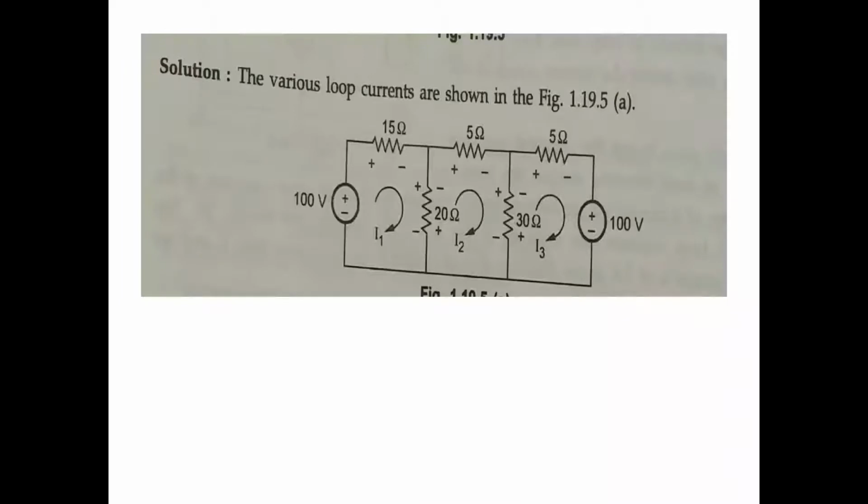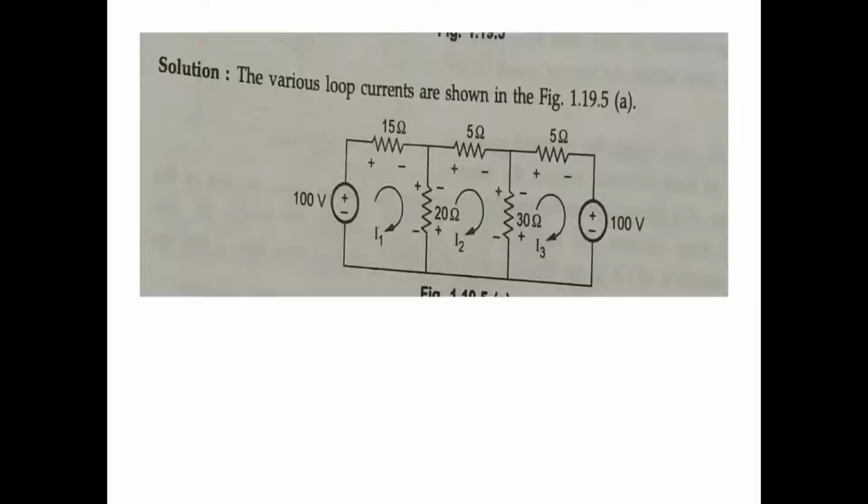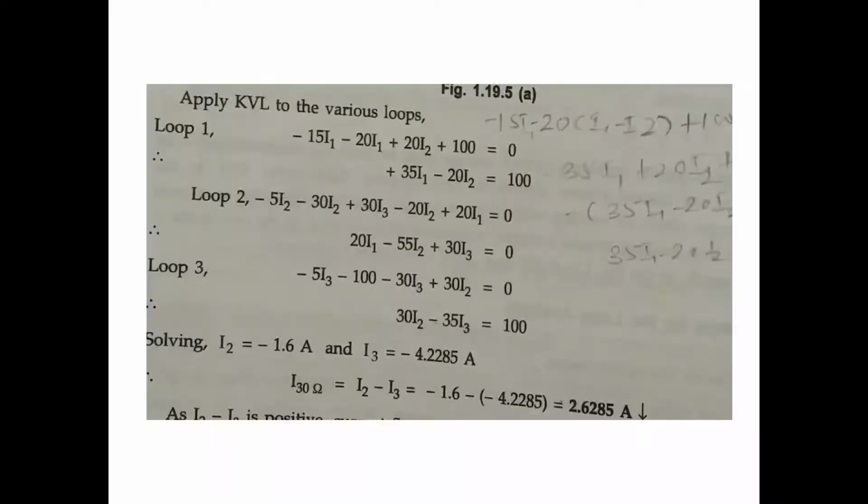First is minus I2, minus plus 30 I3. Next plus 20 I1, the current is in the upward direction. Finally the equation after simplification for the second loop: 20 I1 minus 55 I2. Why 55? 30 plus 5, 30 and 20, this is 55, plus 30 I3 equal to 0.